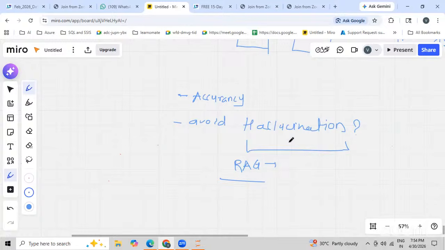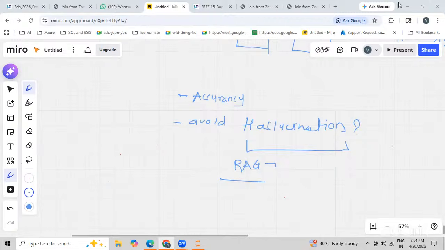That is a hallucination, in simple language. Understood now? What is a hallucination? Why do we require RAG? Please put up a thumb. Okay. Have you understood now? What is RAG?